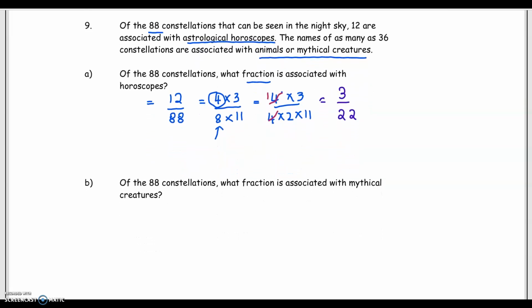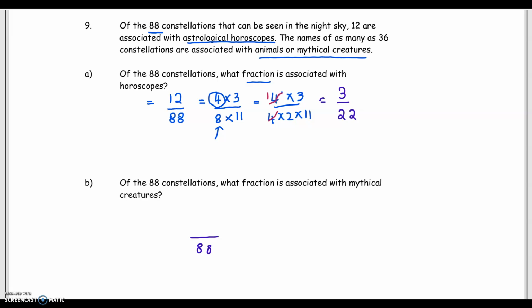Of the 88 constellations, what fraction is associated with mythical creatures? So let's see. Out of the 88, so the total of 88 sits at the bottom.